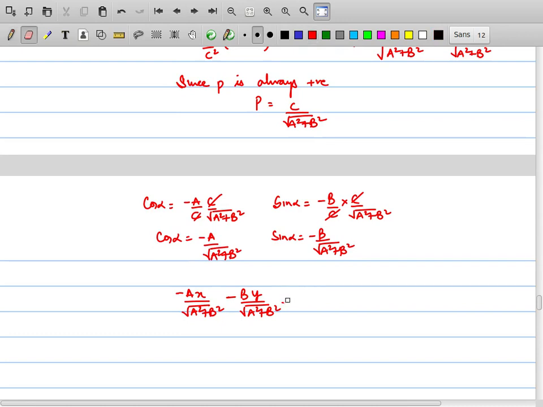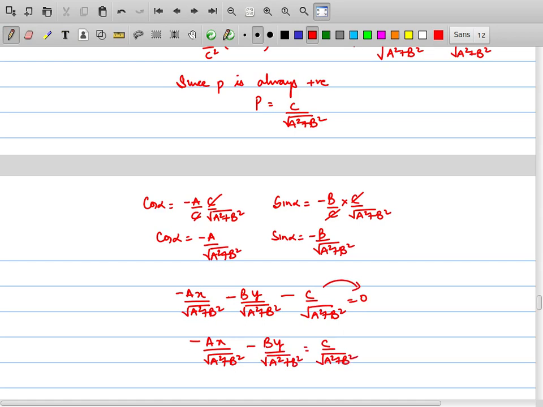C upon under root A square plus B square. Now what we can do is take this term to the right hand side. Therefore, it becomes C upon under root A square plus B square.